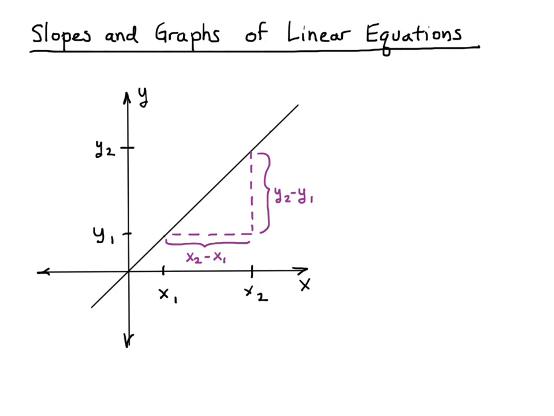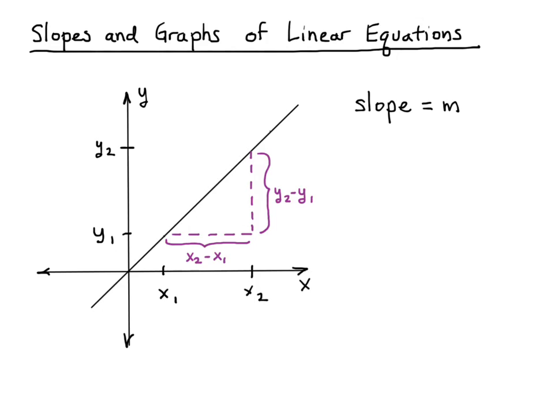We want a number that represents what we think of as a slope, and so with a large change in y and a small change in x, we would have a fairly steep line. If we define the slope as the ratio between the change in y and the change in x, then we'll have a numeric value that corresponds to what we would think of with a steep slope.